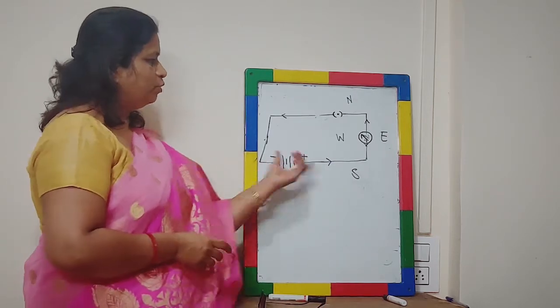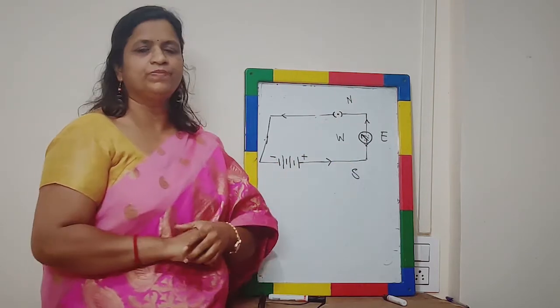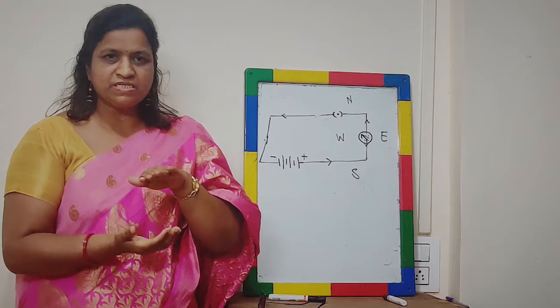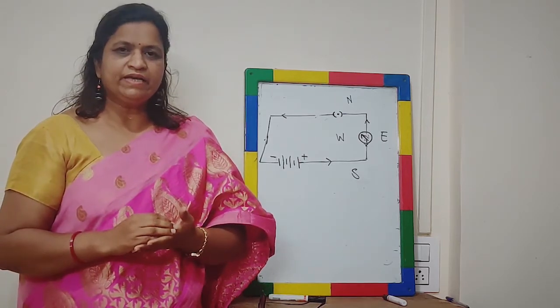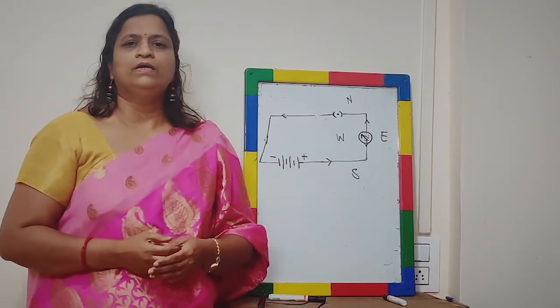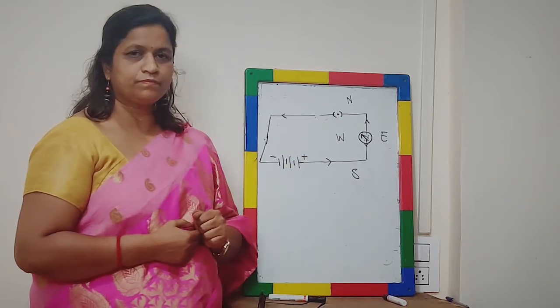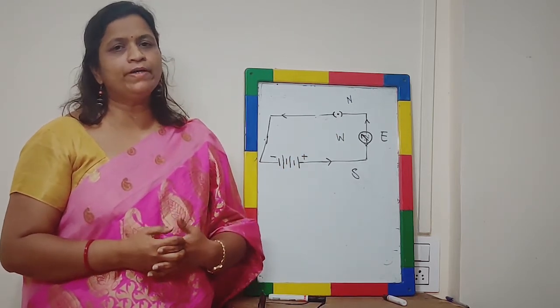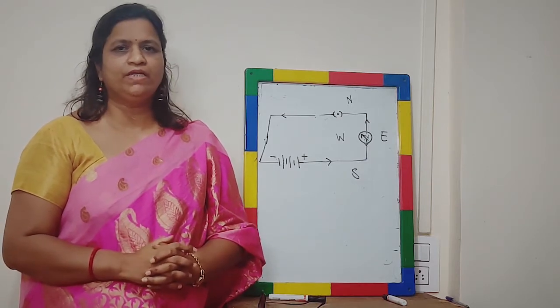So whenever current flows from north to south and the compass is below, it points towards the east. In the second case, the current flows from south to north and the compass needle points towards the west. If there is no current, the compass will not show any deflection.